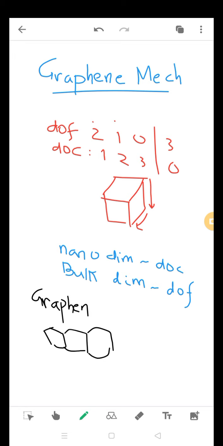If you take graphene, then it has 1 degree of confinement, or I should say nano dimension, ND, because it is in the form of a sheet, whereas it has 2 bulk dimensions.